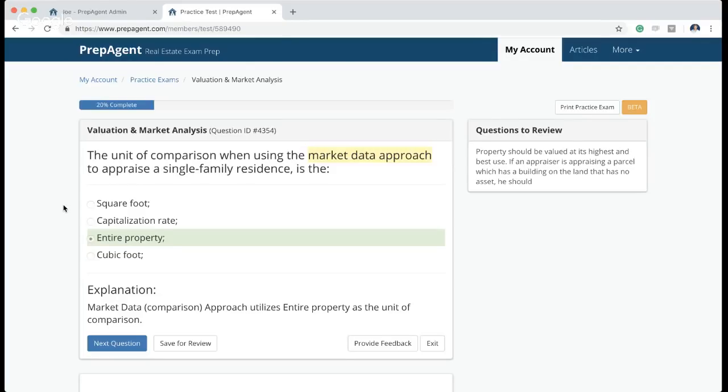Which approach would you use for a shopping center? Income approach. Good. Which approach would you use for a police station?